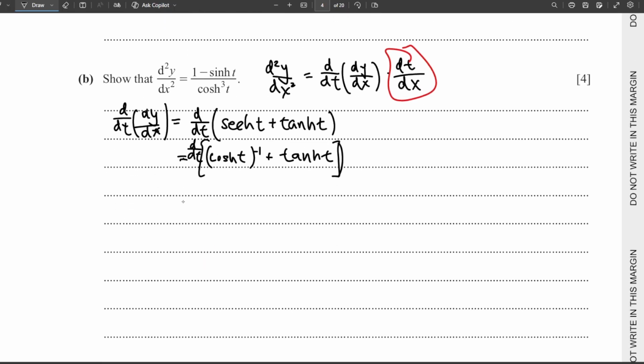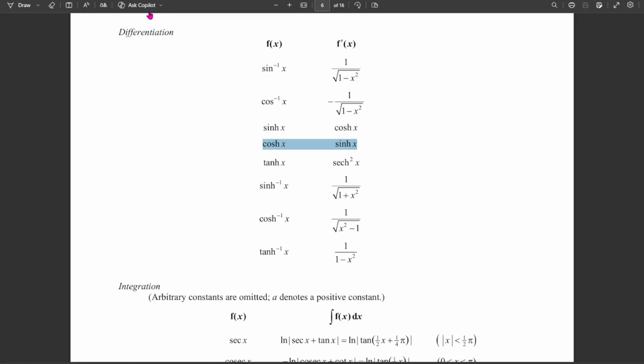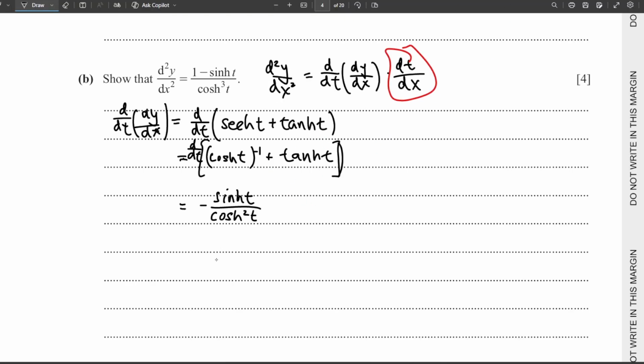You multiply by the power, so -1, and minus 1 to the power, so divide by hyperbolic cosine squared. For the chain rule, since this is a nested function, you multiply it by the derivative of this, which is the hyperbolic sine. And hyperbolic tangent is given in the lookup table, so it's hyperbolic secant squared.